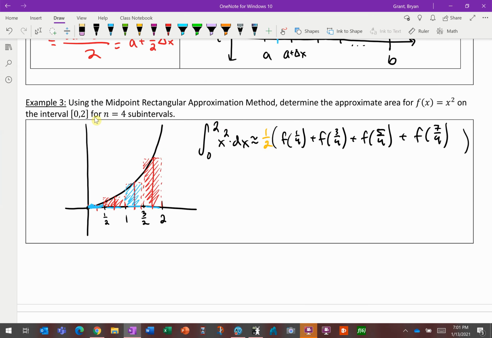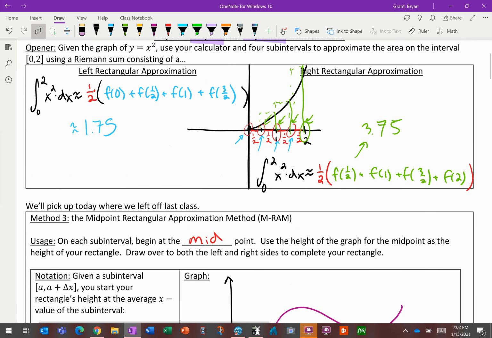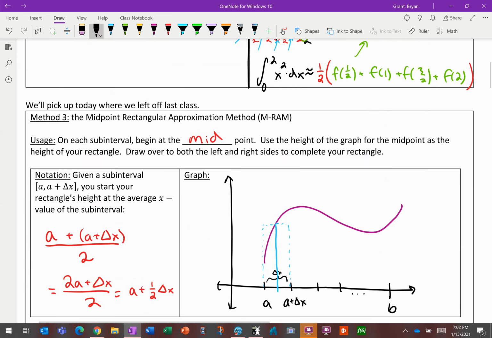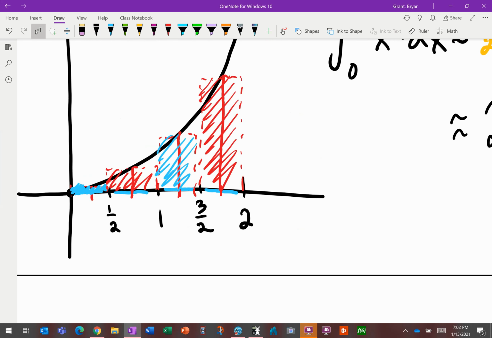As you may have guessed, this approximation, 2.625, is somewhere in between the left and the right rectangular approximation method. The left is well below, the right is well above, and the midpoint is somewhere in the middle. Now you might say, well, wait, is this exactly it? And it turns out no. This little sliver over here that over approximates is not the same size as the sliver over here.